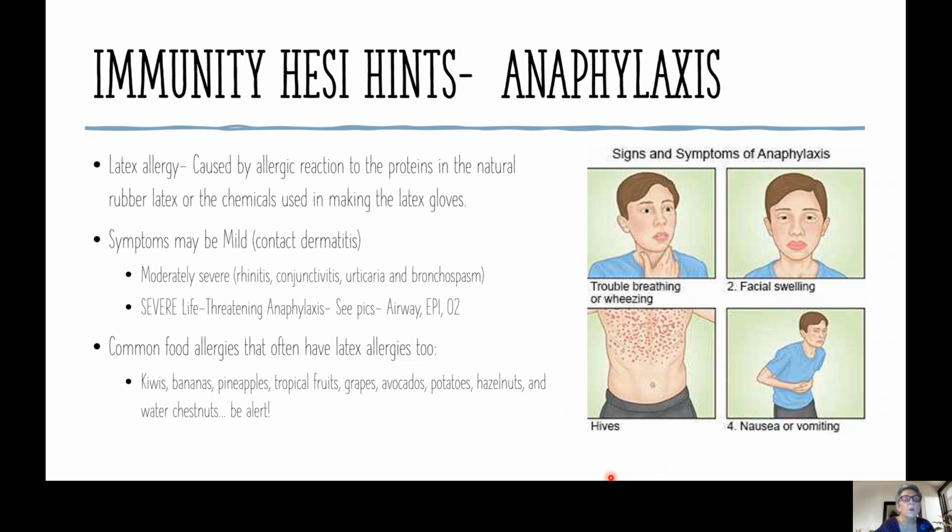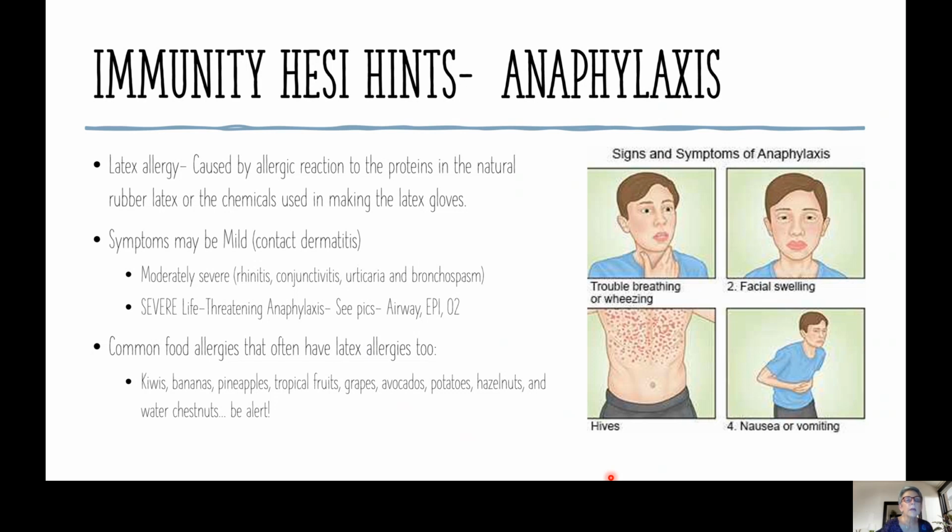One of the things I think is important is to also know that there are common food allergies that people may have, and they don't realize they also have latex allergies. So I'll read through these because I've known some students who have these allergies who didn't even realize that they might have latex allergies, and then got a hold of latex gloves somehow and had topical reactions.